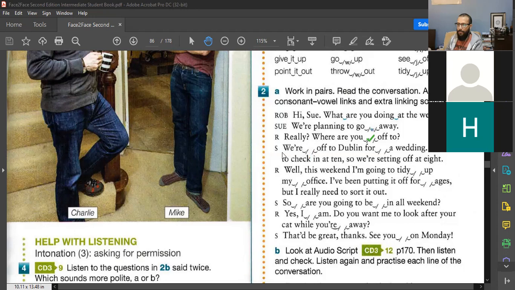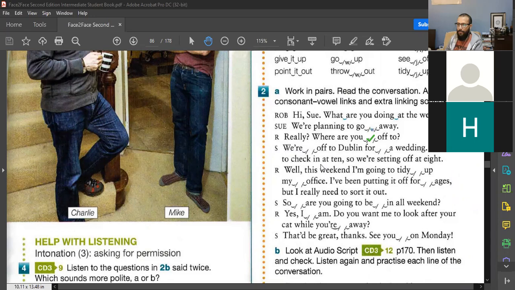What about this one? We're off. What's the sound here? What do you think? Because remember, usually the R is silent in British English, but here in this example, it's not.